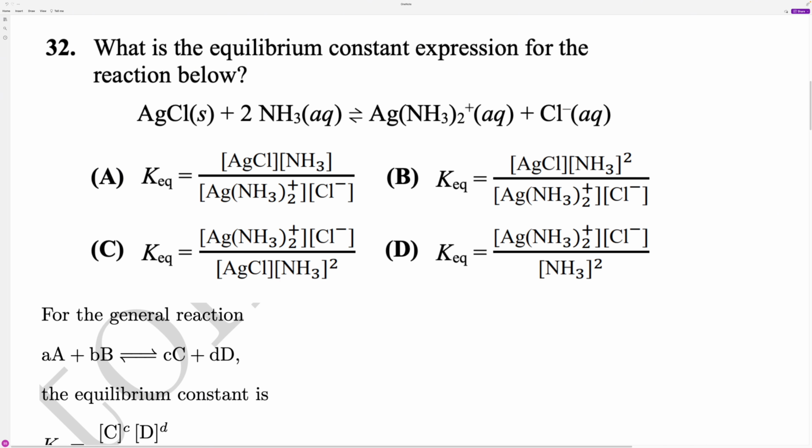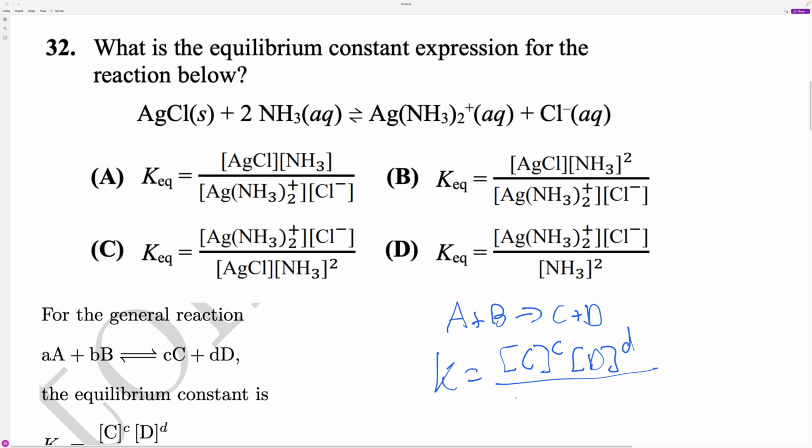Now moving on to question 32, all you need to know for this question is the regular K form, or Keq form. So for a reaction aA plus bB goes to cC plus dD, we have K equals the concentration of C raised to its coefficient times the concentration of D raised to its coefficient over the concentration of A raised to its coefficient times the concentration of B raised to its coefficient.